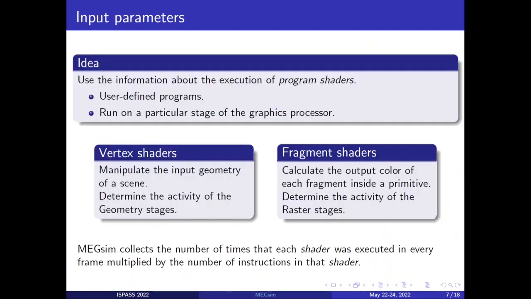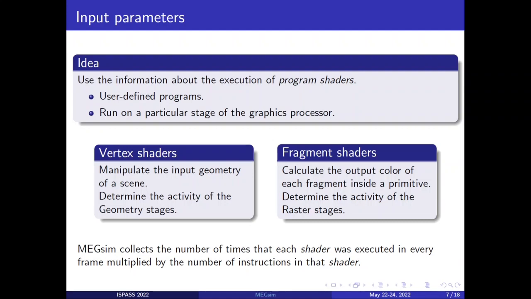So, how is MEGSim able to characterize video sequences? The idea is to use the information about the execution of program shaders. A shader is a program designed to run on a particular stage of the graphics processors.